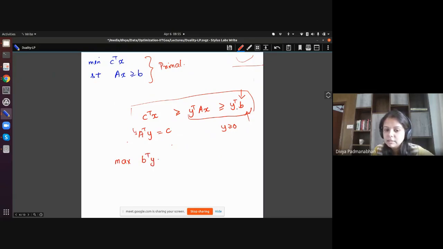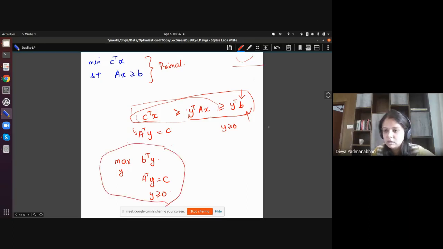And these y's are the new variables. You want to ensure that this is true, and only if A transpose y equals c happens will this side be true. And of course y should be greater than or equal to 0 because you want this inequality to be true. Okay, so the dual becomes of this form.